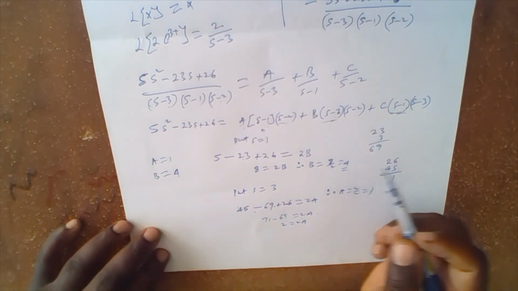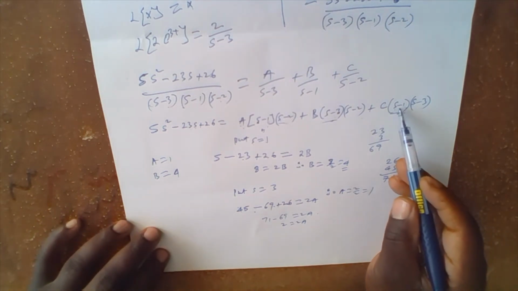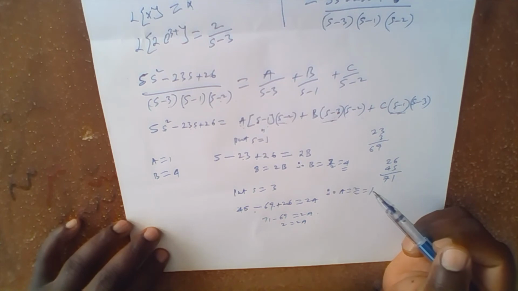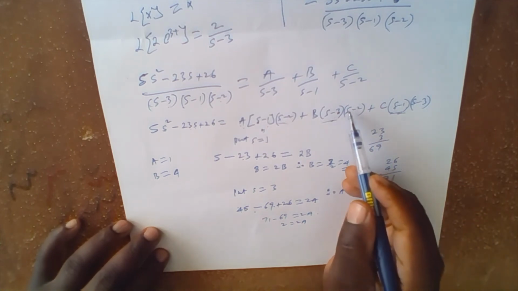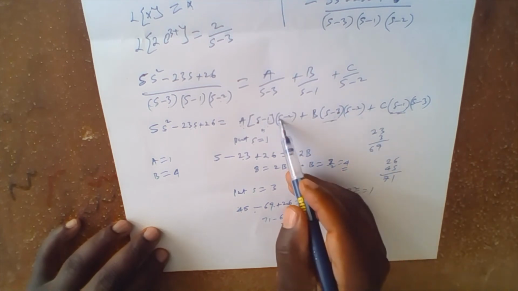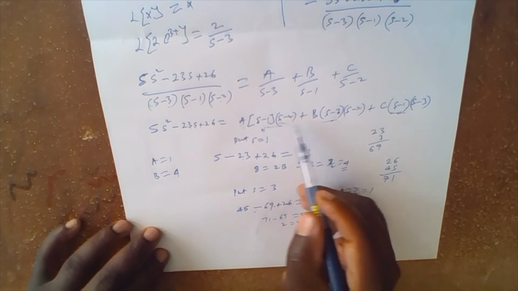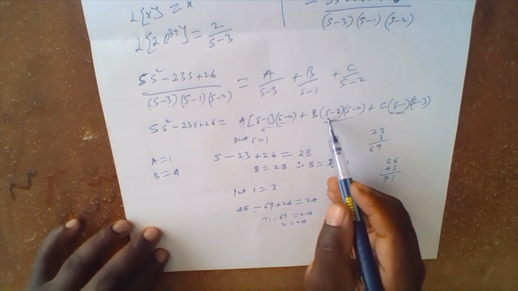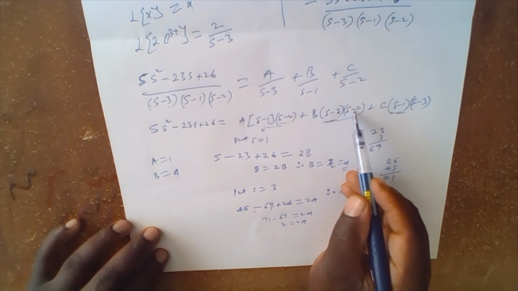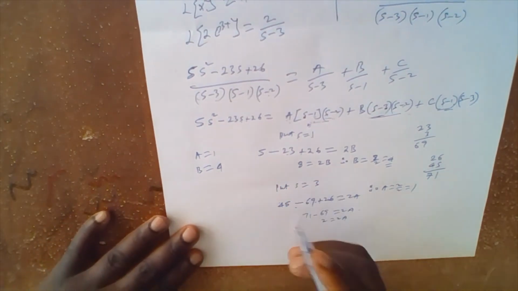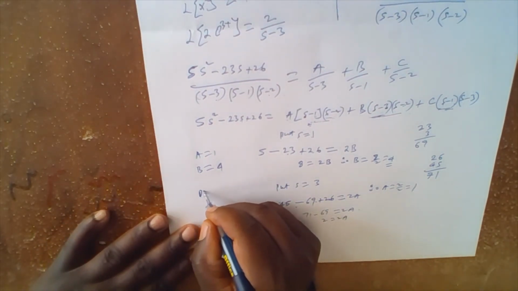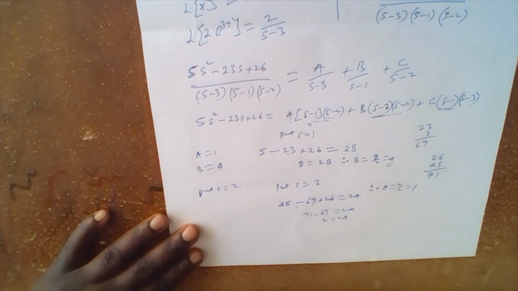Now we want to get the value of C. So how do I get the value of C? You can see you have s minus 2 here. Therefore, to get the value of C, I will eliminate this bracket and this bracket by letting s equal 2.